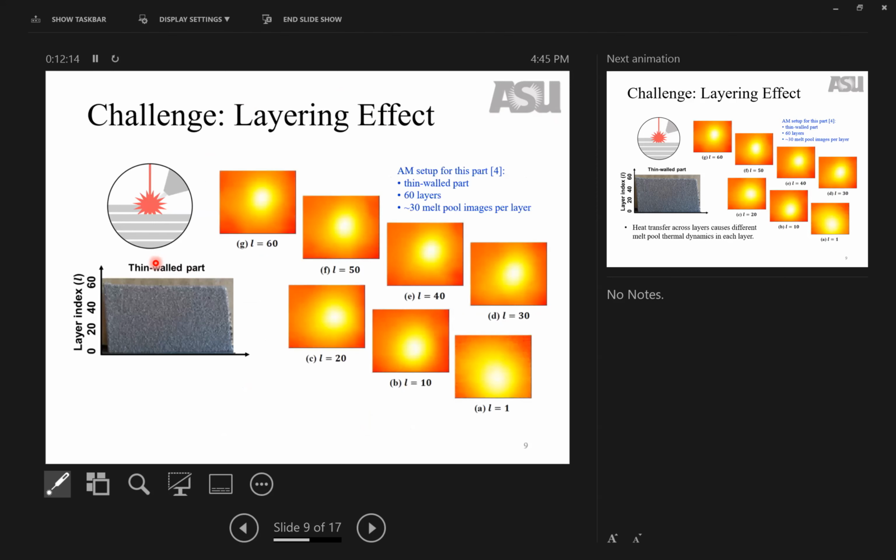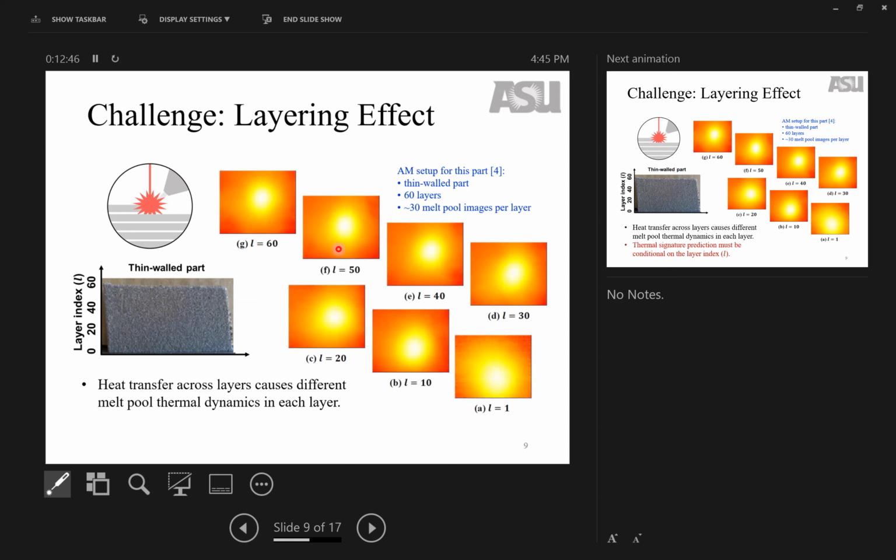When multiple layers are accumulated, there is intensive heat transfer across layers. The result is that the thermal dynamics of the melt pool in different layers show different characteristics. When we look at the melt pool in, say, layer 1, it is not that stable. But as we accumulate more and more layers, the melt pool dynamics become more and more stabilized.